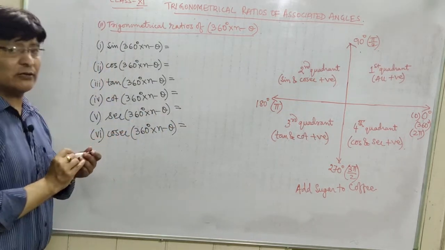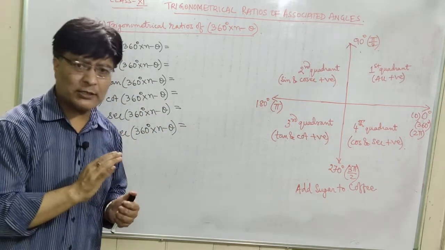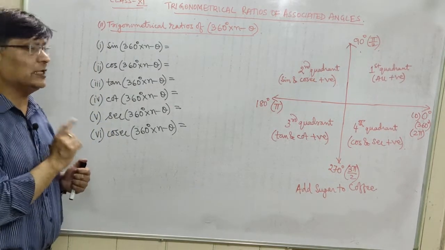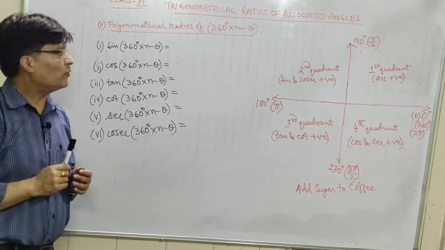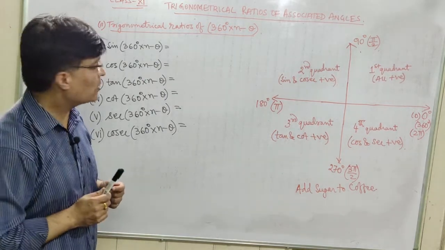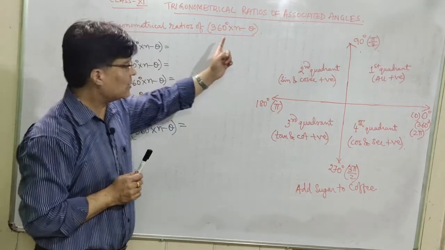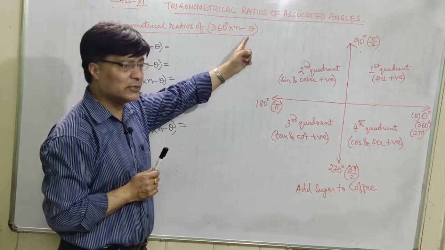So now let us write down the formula for these. First of all you should know in which quadrant the angle 360 degree into n minus theta lies.